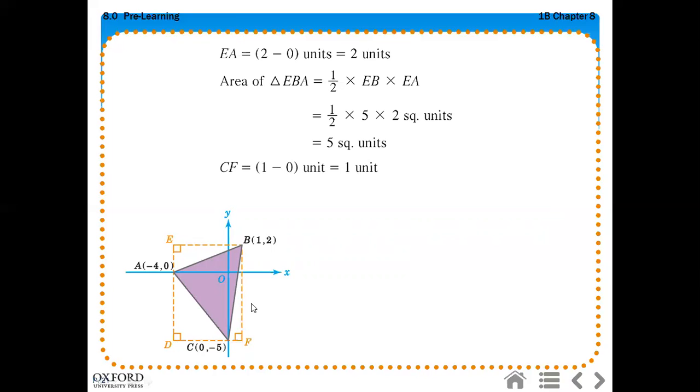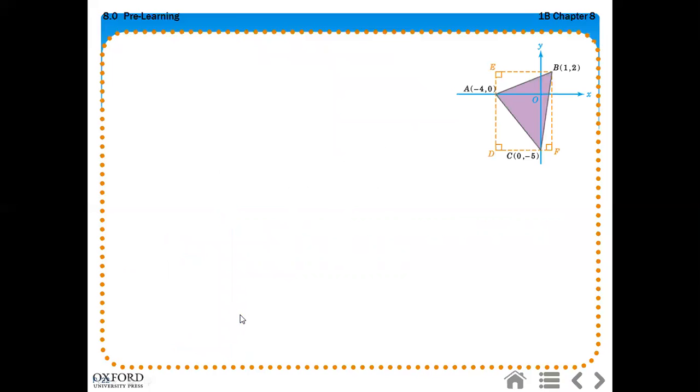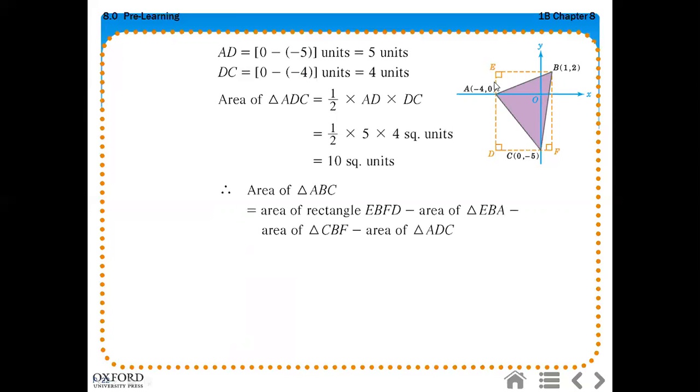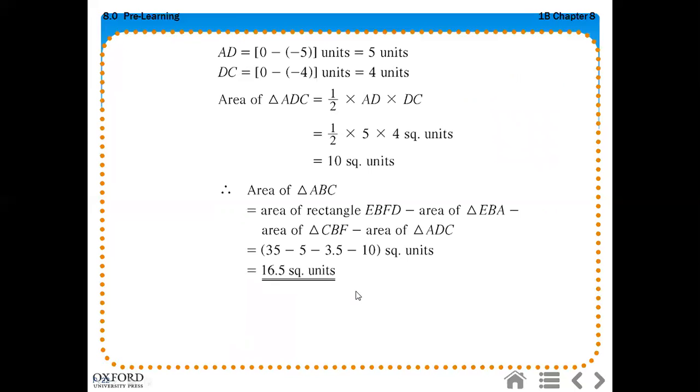While BF we already got. So find the area of this triangle on the right-hand lower corner. And the last, find the triangle on the left-hand lower corner. So AD and DC. Finally, the area of this purple triangle ABC is the area of the rectangle minus the area of these 3 triangles. So this is the answer.